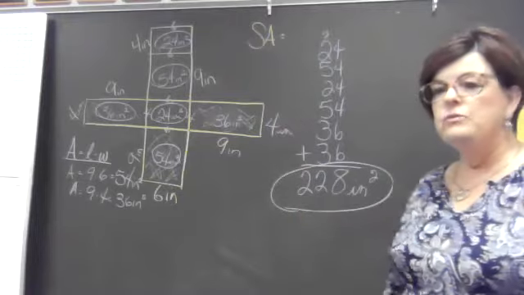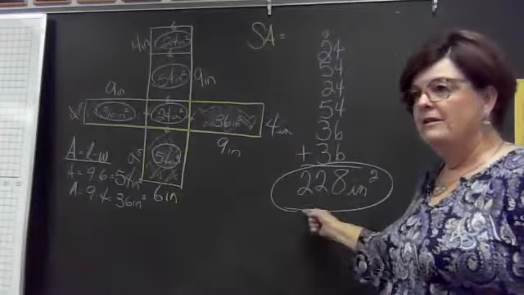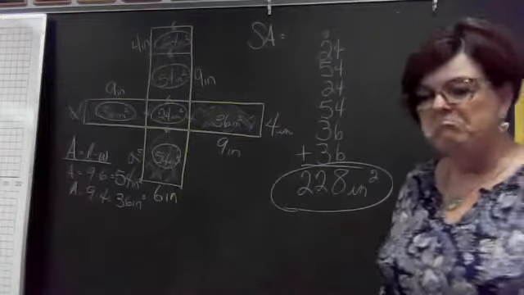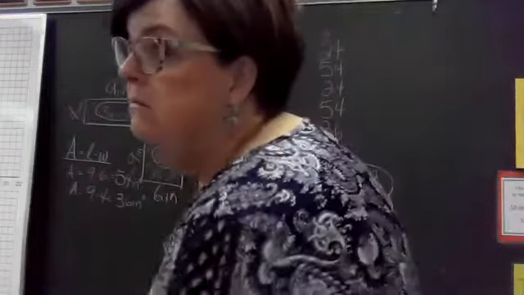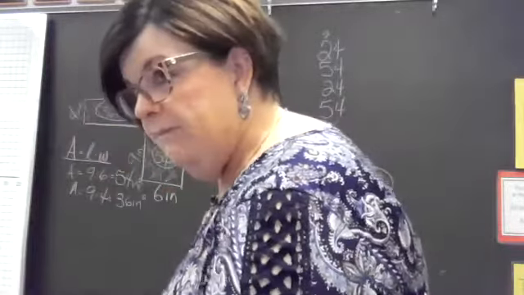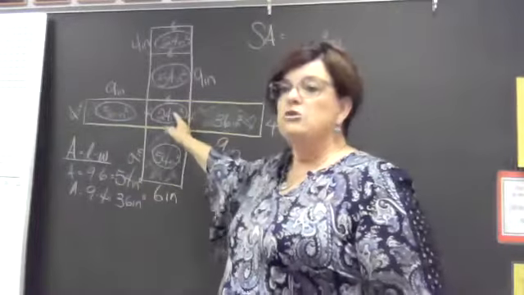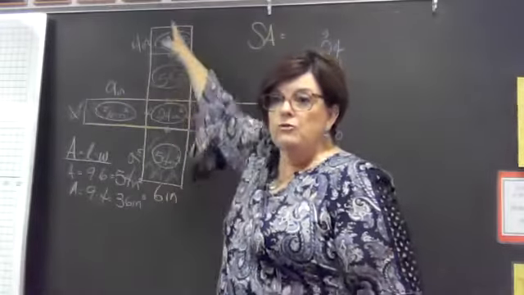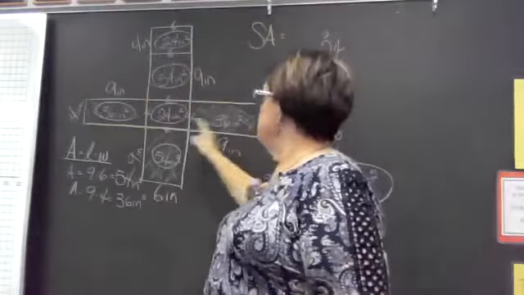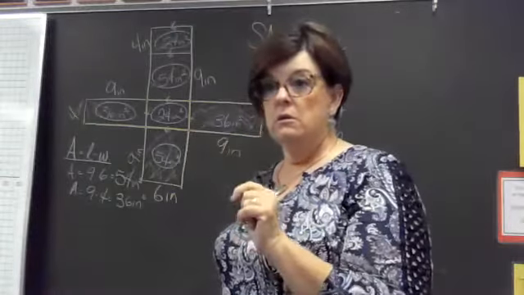I added it down and then added it sideways, and I got 252. It's 228. Sorry. You're right, you probably added this in twice. When you did this and then you did this, you can only add it once, and that's where you got the extra.